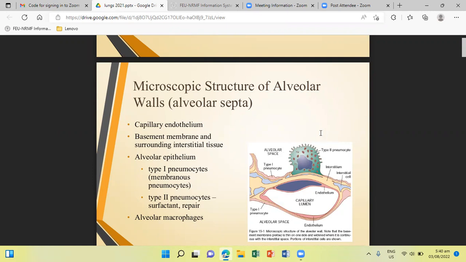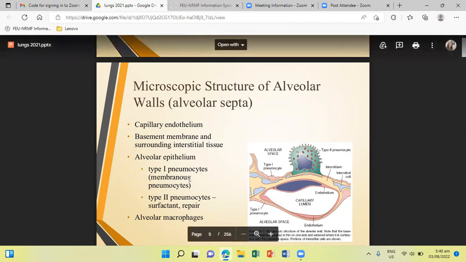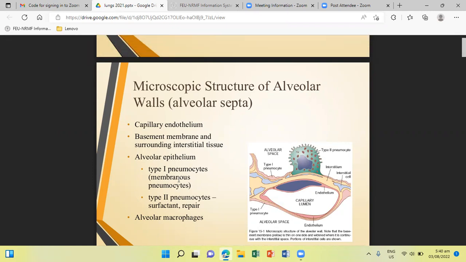When we are talking about the epithelial side, there are actually two types of pneumocytes that you can see here. The type 1 pneumocyte is otherwise known as the membranous pneumocyte. It is flattened and it covers 95% of the alveolar surface. On the other hand, the type 2 pneumocytes are the source of surfactant.